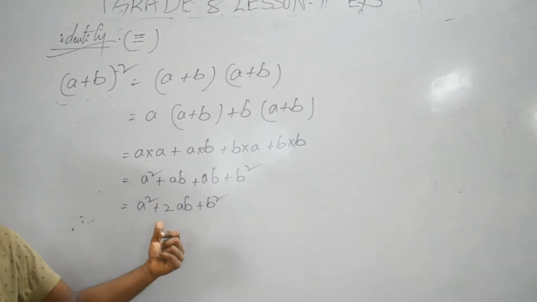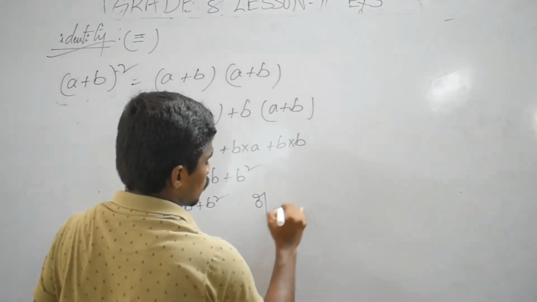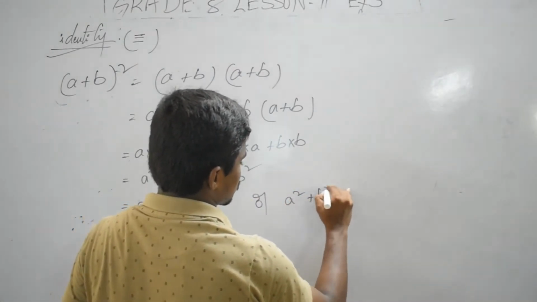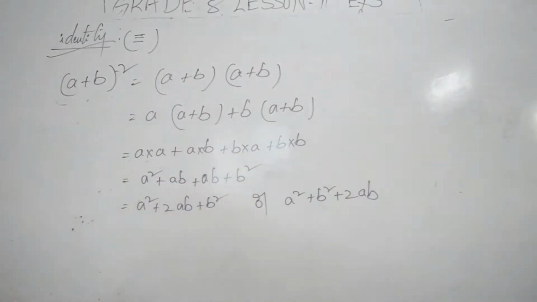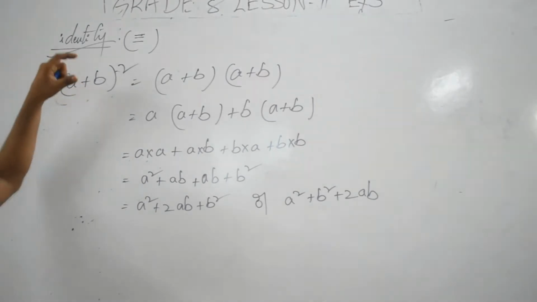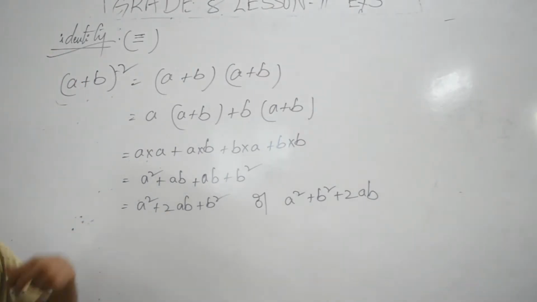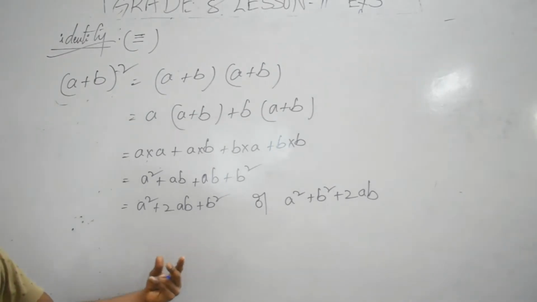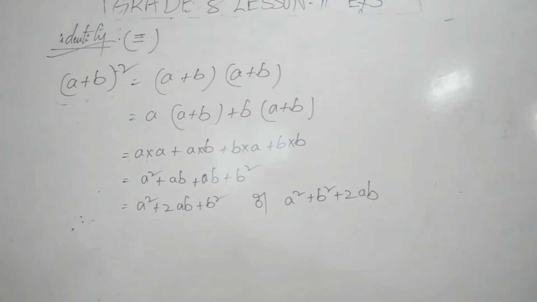A square plus 2ab plus b square, or a square plus b square plus 2ab, as you wish. So both are the same only. So this is the a plus b whole square formula: a square plus b square plus 2ab, or a square plus 2ab plus b square. This is the a plus b whole square formula. Right.